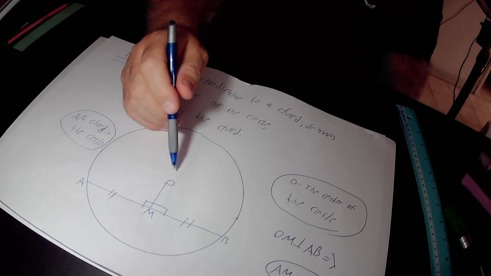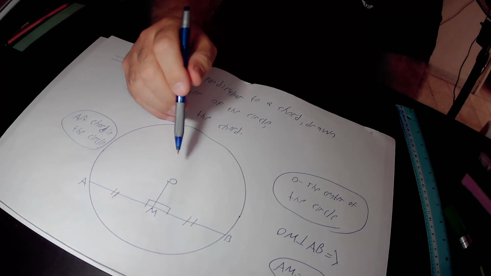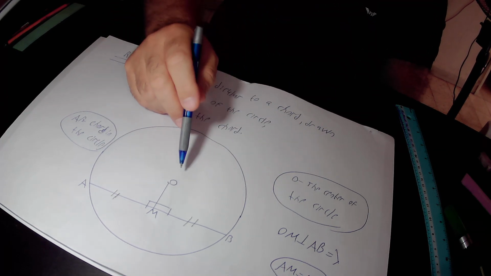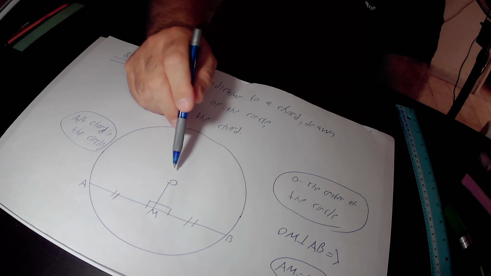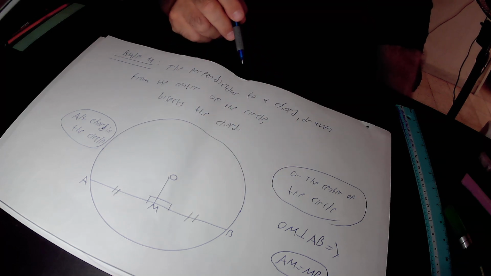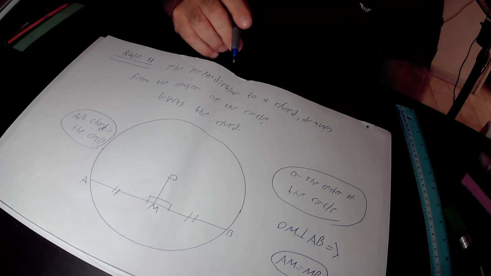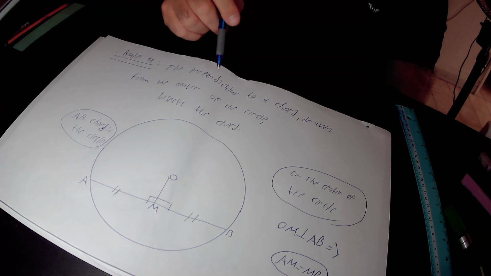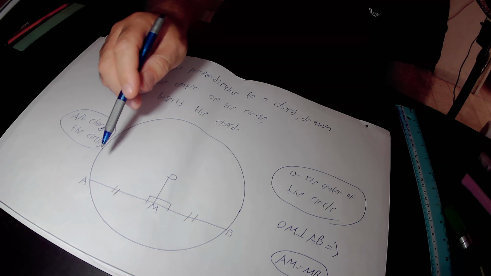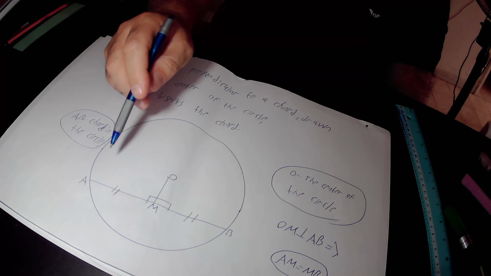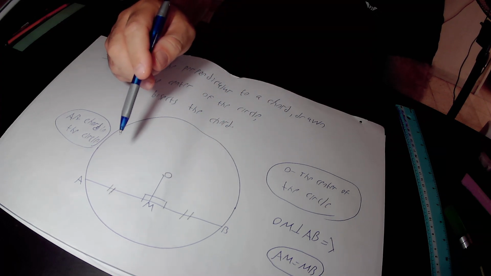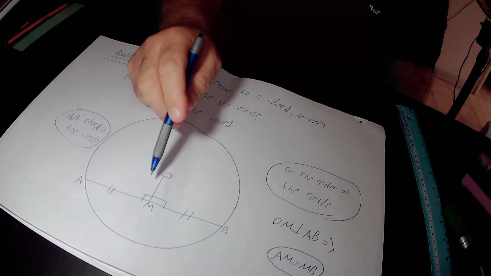From this point O, we have perpendicular OM on chord AB. And according to this rule, the perpendicular OM on chord AB also bisects chord AB. That is to say, it divides chord AB into two halves, that is to say, AM equals MB.